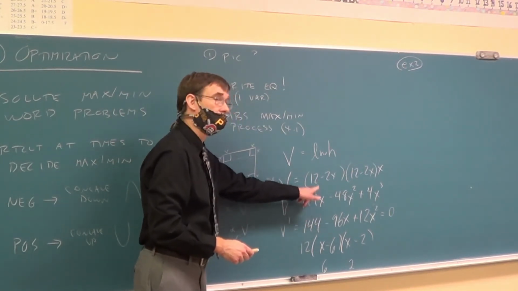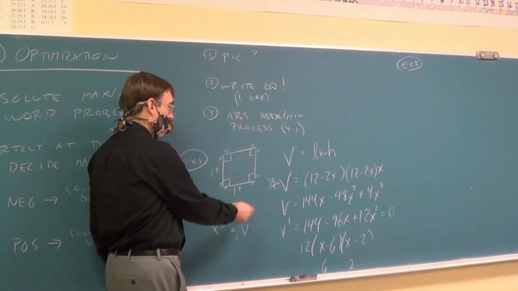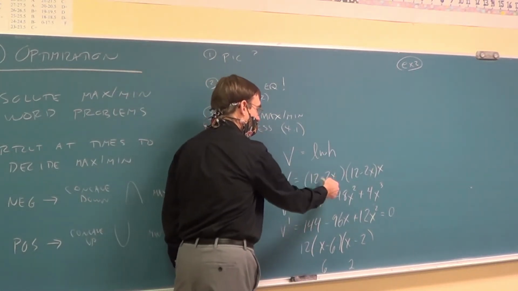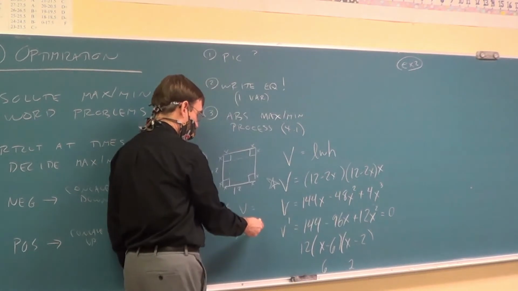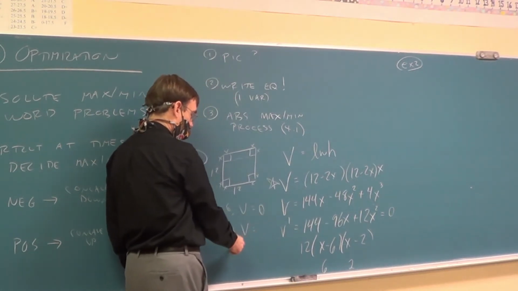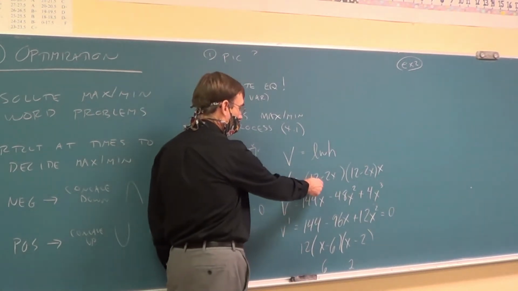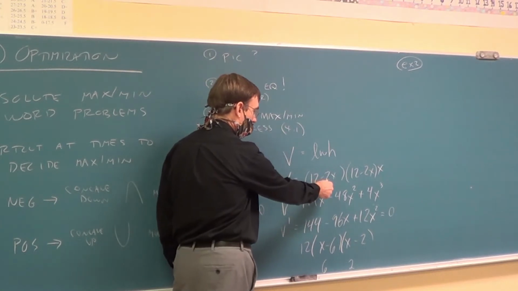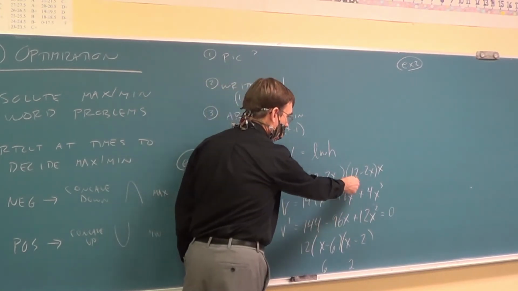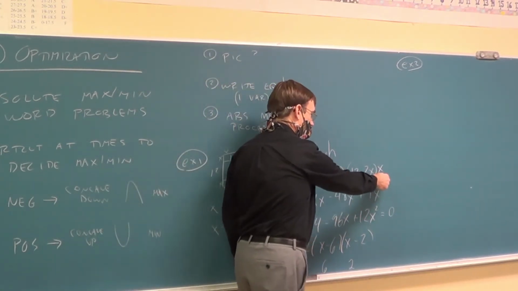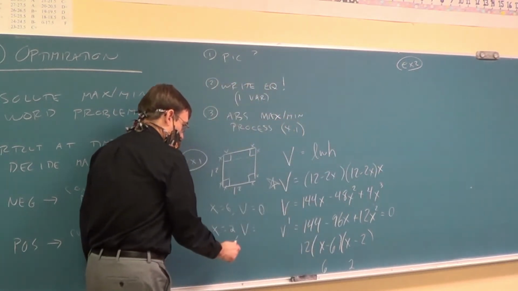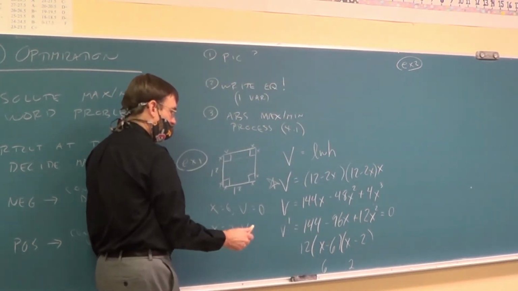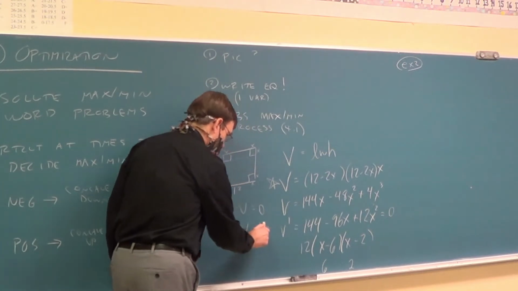Anywhere before you did the derivative would be fine. If we put in a 6, what would we get out of that? 0. If we put in a 2, we get 8, 8, 2. 8 times 8 times 2 is 128.